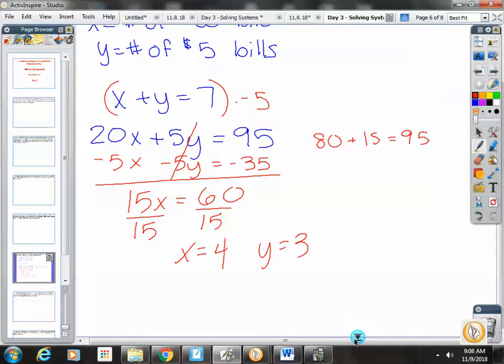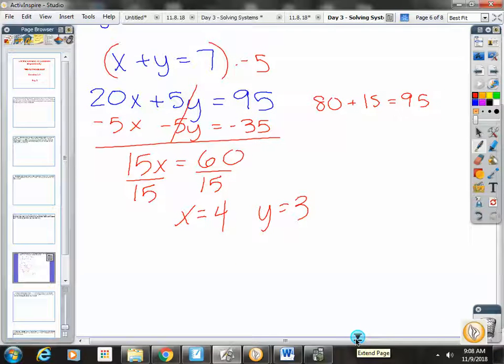So let's write a sentence summarizing our answers. The question was, how many of each type of bill did she receive?